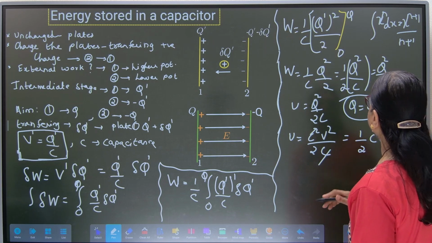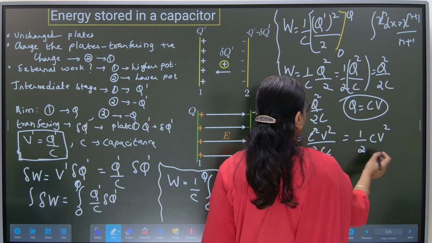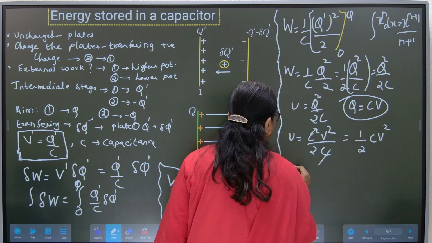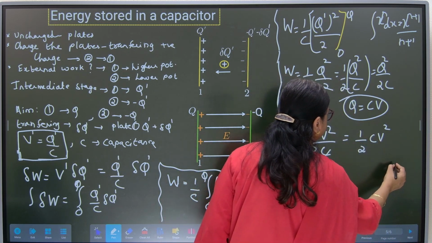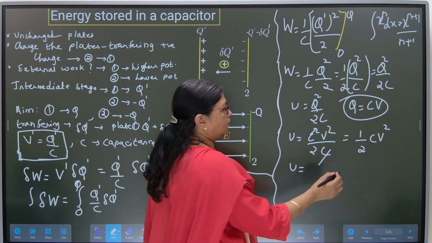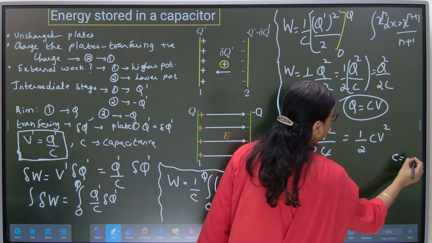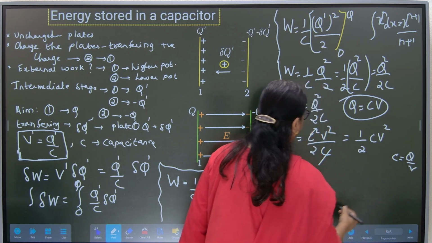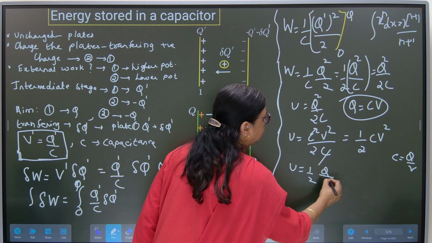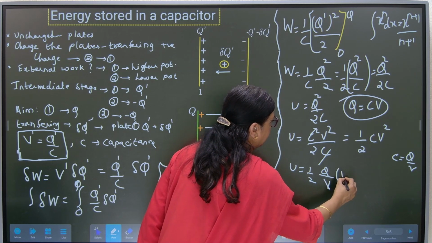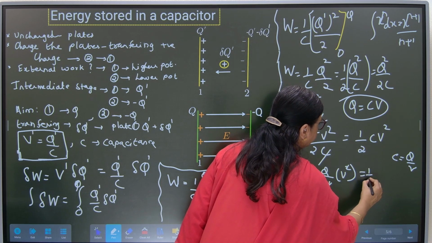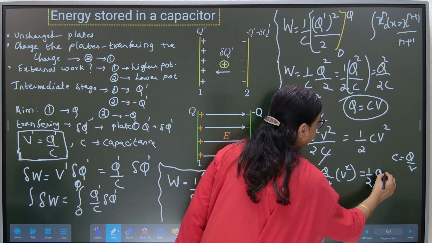Fine. You can also substitute C is equal to Q by V in this original equation. So U is equal to, let me substitute here, C is equal to Q upon V such that we get half Q upon V multiplied by V square. Again V cancels, we get half QV.